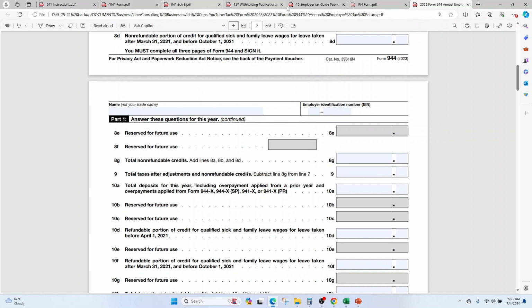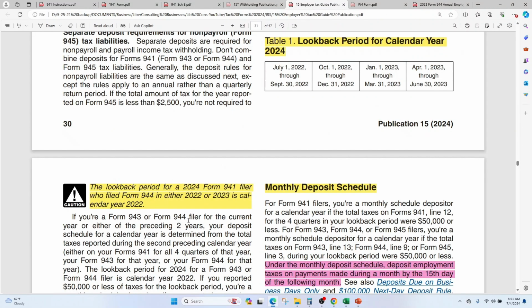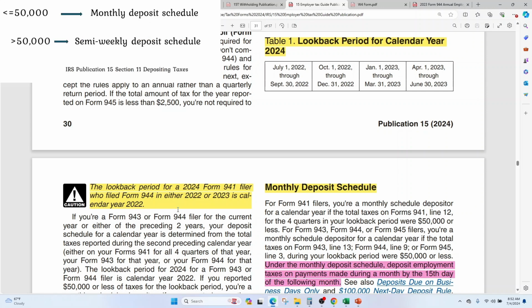If that line 9 is equal or less than $50,000, you are a monthly depositor; you'll choose a monthly deposit schedule. If that line 9 on Form 944 is more than $50,000, then you'll choose a semi-weekly deposit schedule.